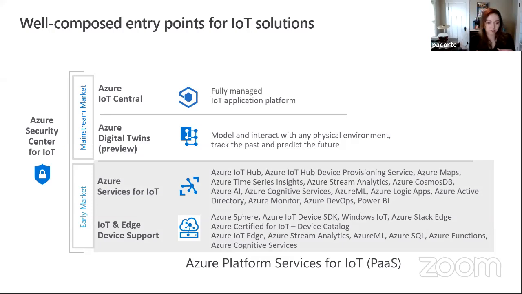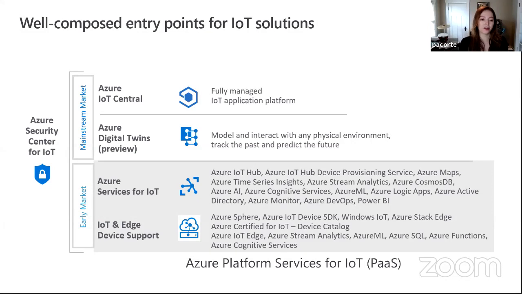The second part of that foundation is the Azure services for IoT. I really consider this like the Lego blocks, and I'll get into this in a moment, but this is where you have services like Azure IoT Hub, where you're connecting devices to the cloud, and Device Provisioning Service, where you're provisioning these devices. I'm not gonna go too much in depth on all of these services right now, because I'll just be naming off products.